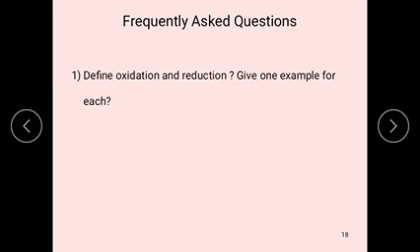One more definition: the process of addition of hydrogen or removal of oxygen from an atom, ion, or molecule is called a reduction reaction.